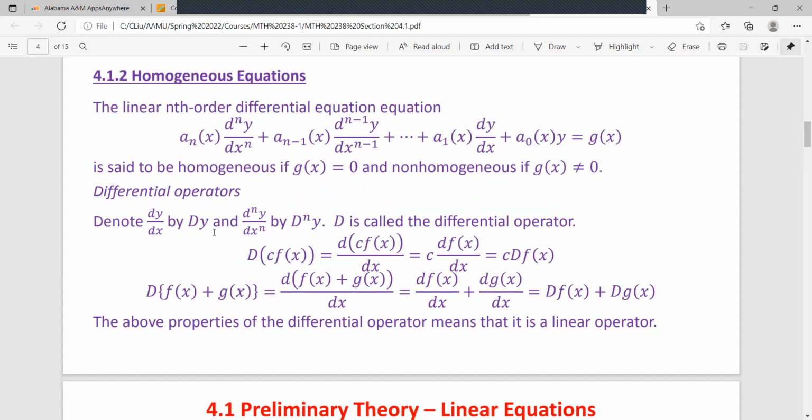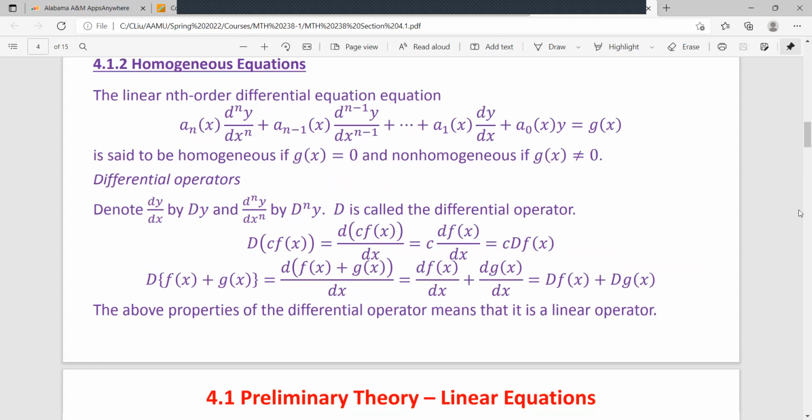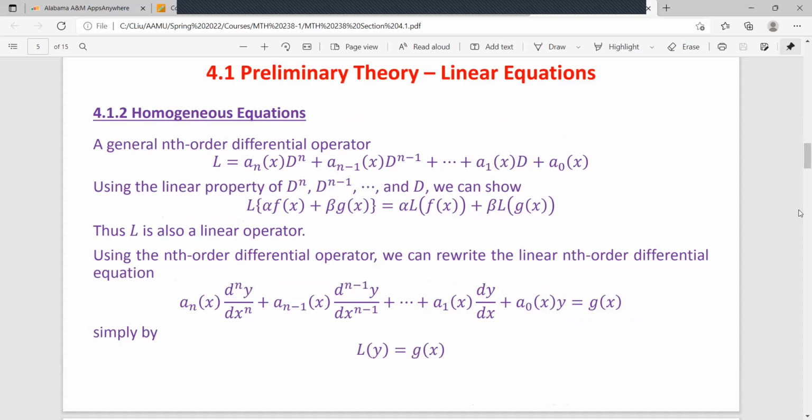And the nth derivative of any function can be written as D to the n y. And this D is a linear operator. And because of that, the linear combination of differential operators will also be linear. All right.